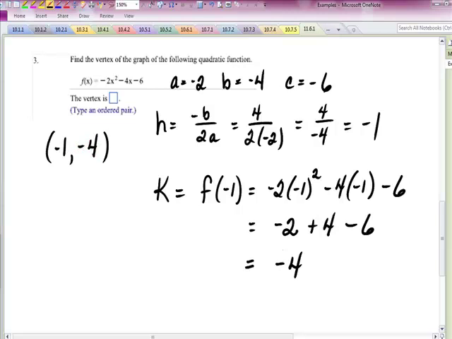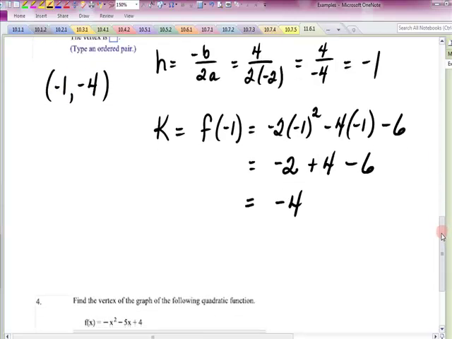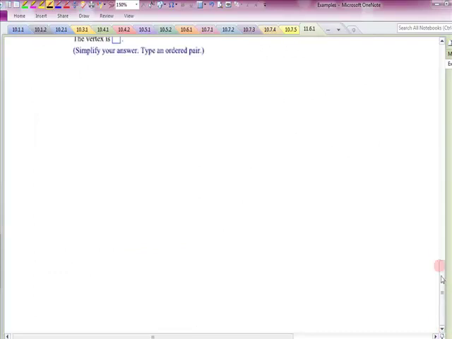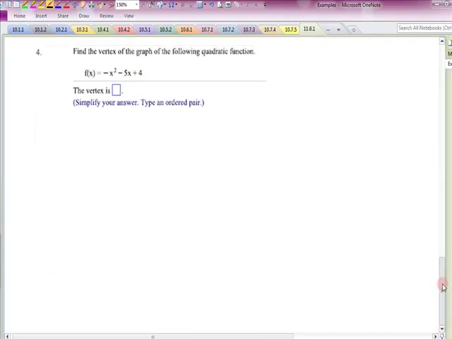The vertex of this parabola is negative 1, negative 4, and this one happens to open downward also. All right, last one. A is negative 1, B is negative 5, C is 4.